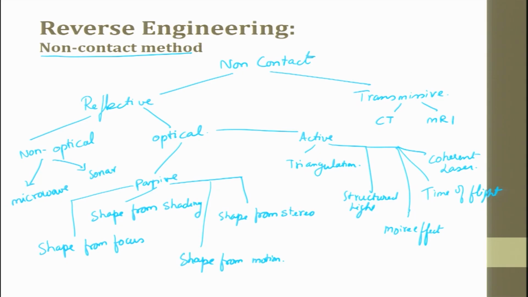So, passive is shape from stereo, shape from shading, shape from motion, shape from focus. When you talk about active, triangulation technique, structured light is used, Moire effect is used, time of flight is used, or coherent laser radars are used as non-contact techniques for doing reverse engineering.